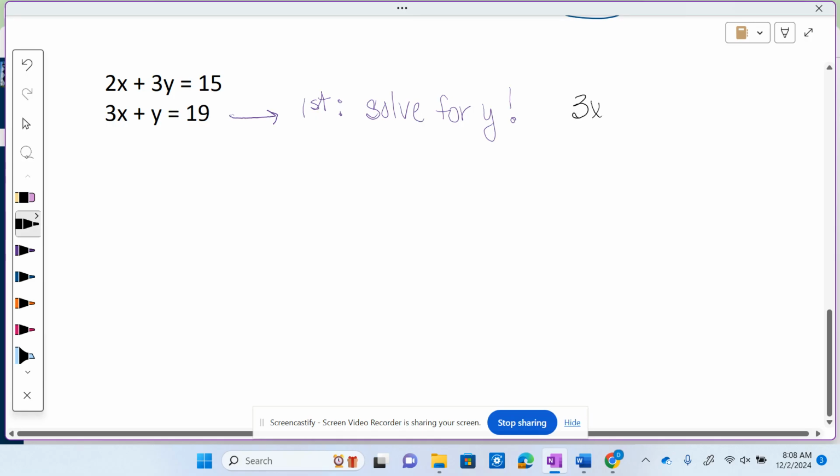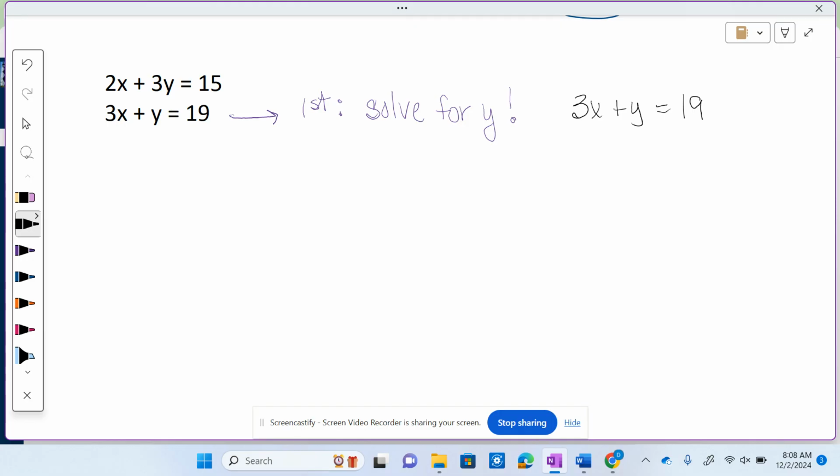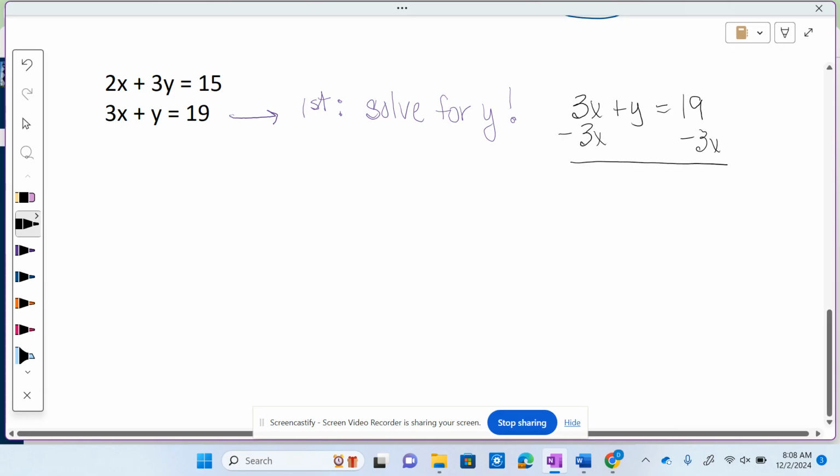If I have 3x plus y equals 19, how do I get that all by itself? Subtract the 3x from both sides. Yeah. So when I subtract 3x from both sides, I have y equals 19 minus 3x. So we've manipulated that bottom equation, that second equation.